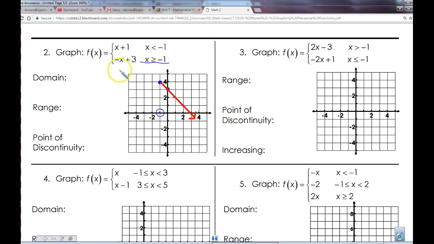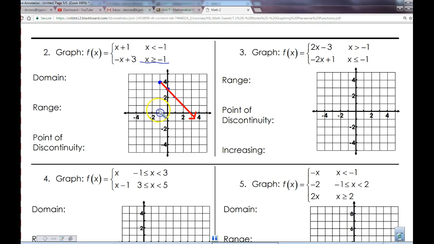Now taking a look at the other side. When x is less than negative 1, we have the equation x plus 1. So again, all we need to look at to figure out where I'm going is my slope. Now my slope is a positive 1. Remember, I'm going to have values over on this side of negative 1. So if I use my positive 1 and went up 1 and over 1, that would be going in the wrong direction.